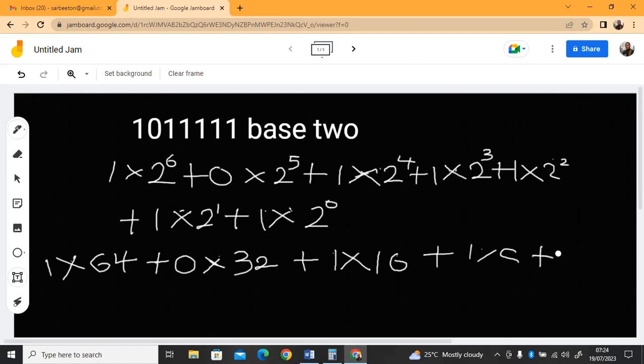Plus 1 times 4, sorry, 2 raised to the power of 2 is 4. Okay, no problem. Plus 1 times 2.